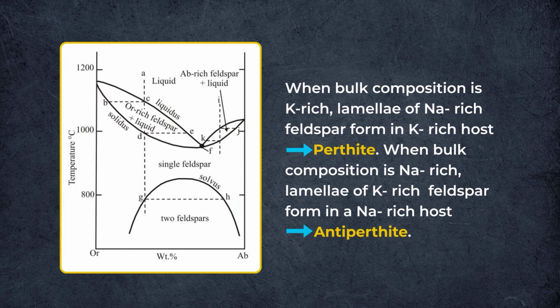When the bulk composition is K-rich and lamellae of Na-rich feldspar form in a K-rich host, you get the formation of perthite. When the bulk composition is Na-rich and lamellae of K-rich feldspar form in a Na-rich host, the texture is called antiperthite, and I tried to show you this with the help of two subsolvus curves in my diagram here.